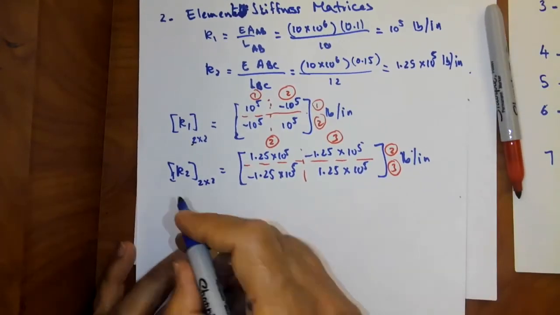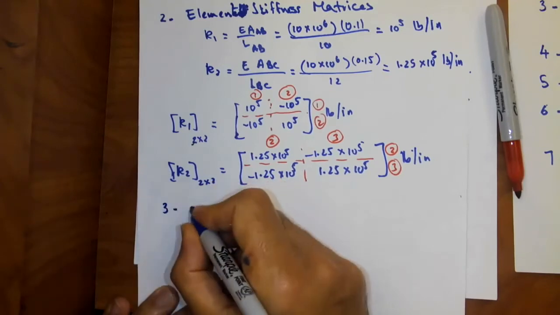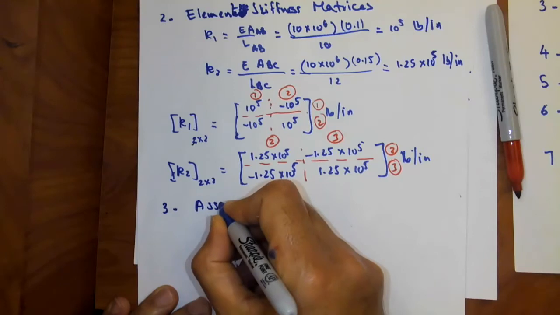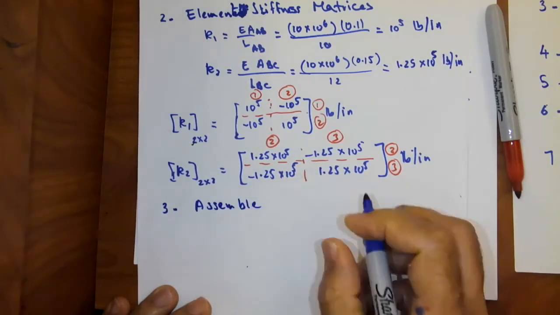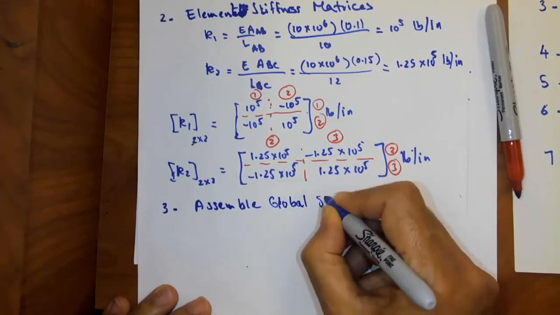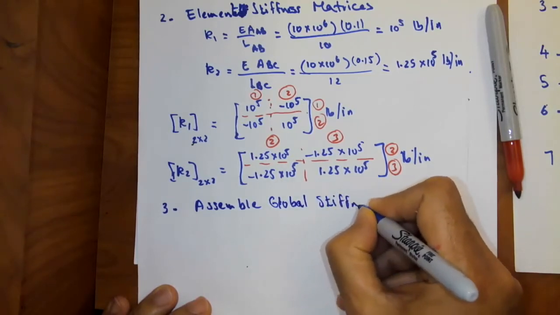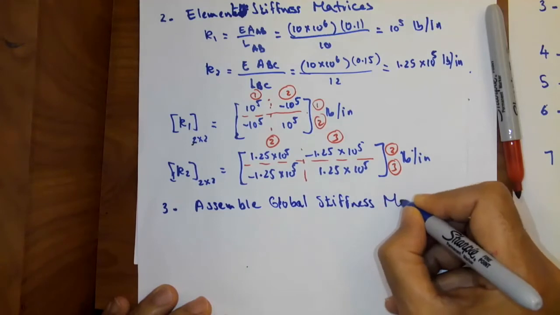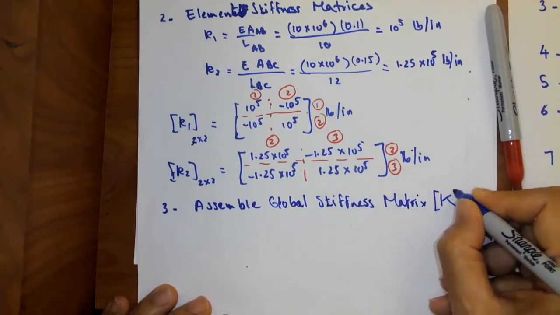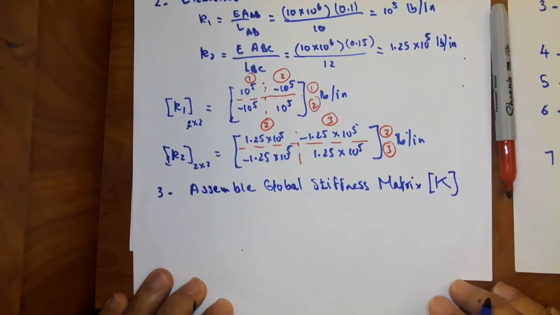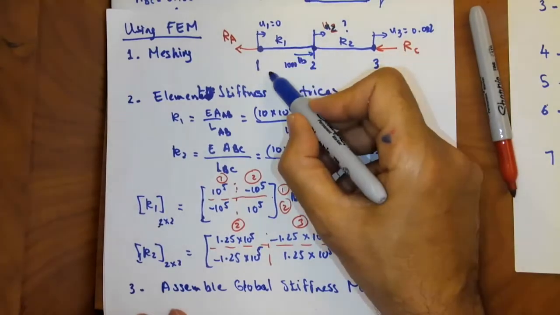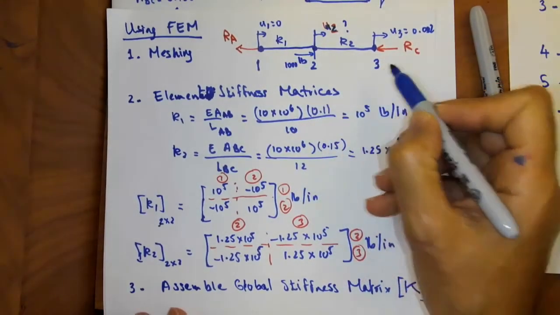So step number 3: assemble the global stiffness matrix, uppercase K. And this K, because if you look at the total system, I have 3 nodes and 3 degrees of freedom.